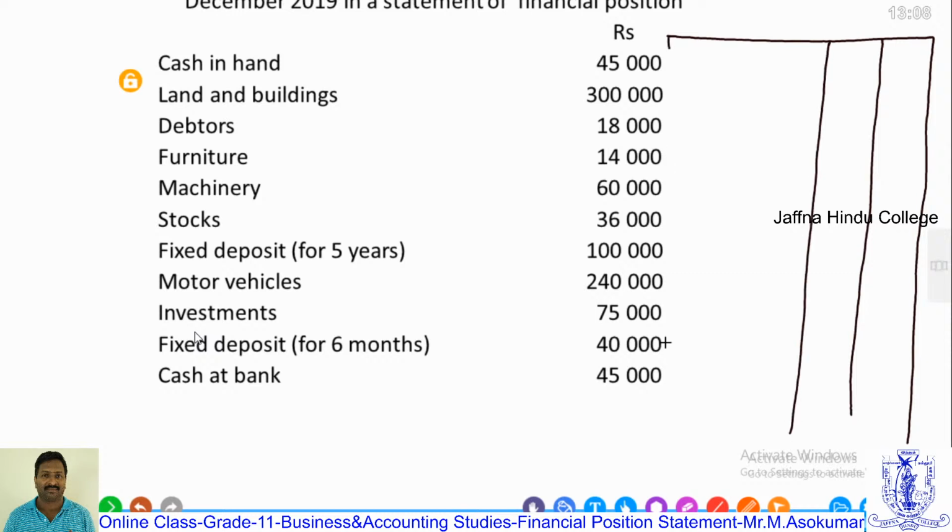First, at the top of this statement, we have to list the assets under two headings: non-current assets and current assets.